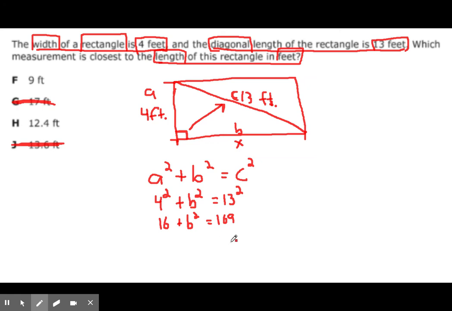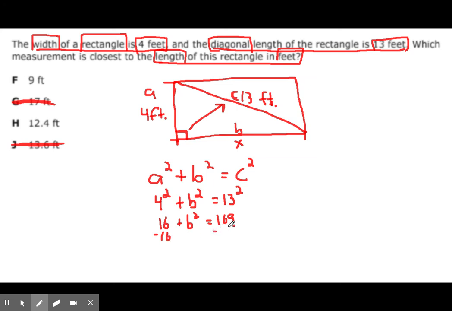So this is just an equation. I want to find what B is. Right now, I'm adding 16 to it. I've got this constant. Anytime we have constants, we need to get rid of those first. So this 16 is a positive 16. I don't see a negative sign in front of it, so it's positive. So to cancel out a positive 16, I'm going to subtract 16.